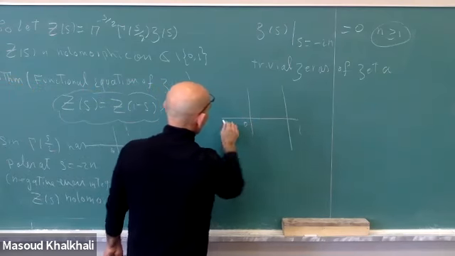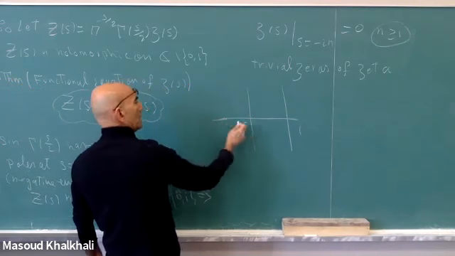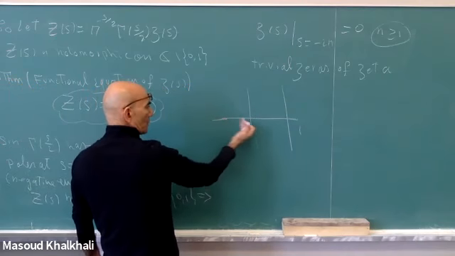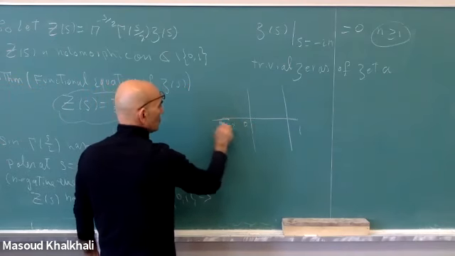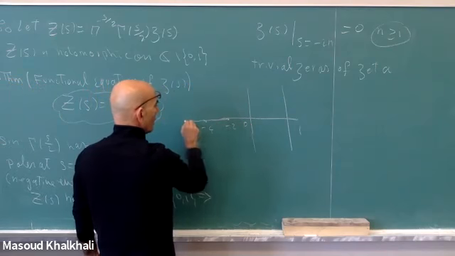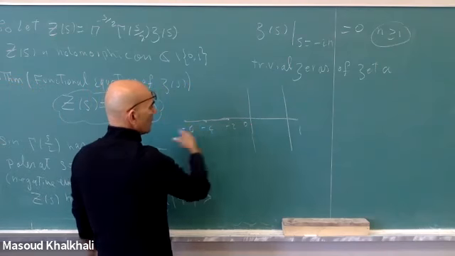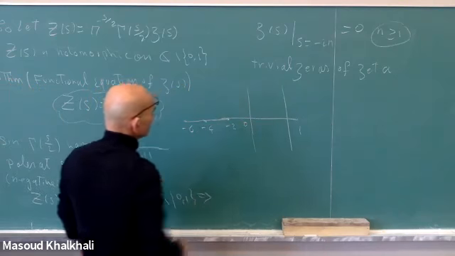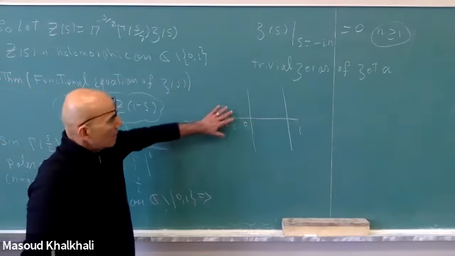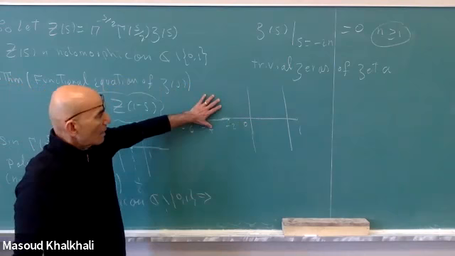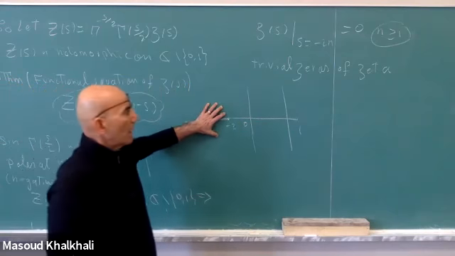This is 0, this is 1. Now here, below 0, we have minus 2, minus 4, minus 6. These are zeros, right? In this part there are no other zeros.